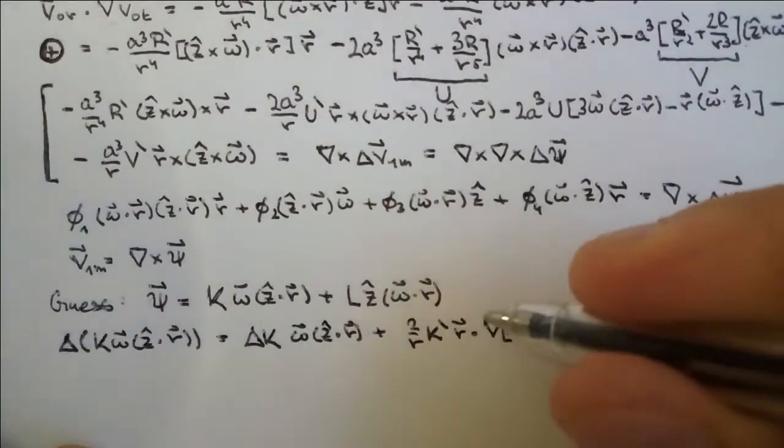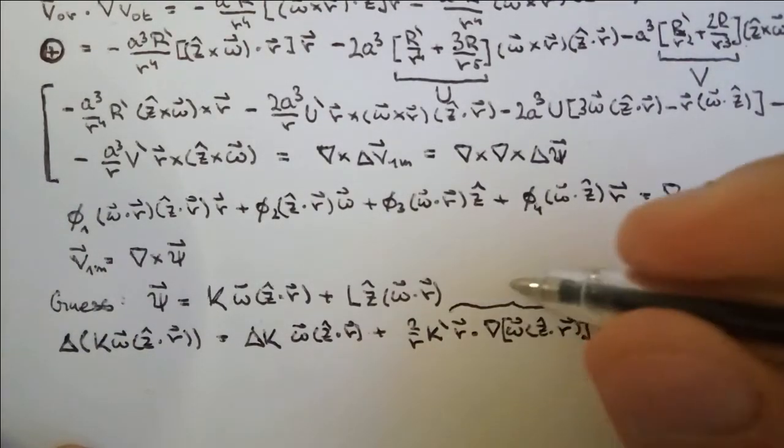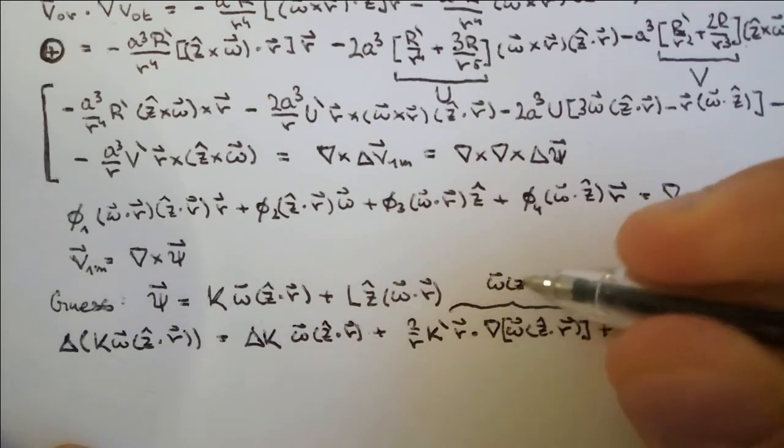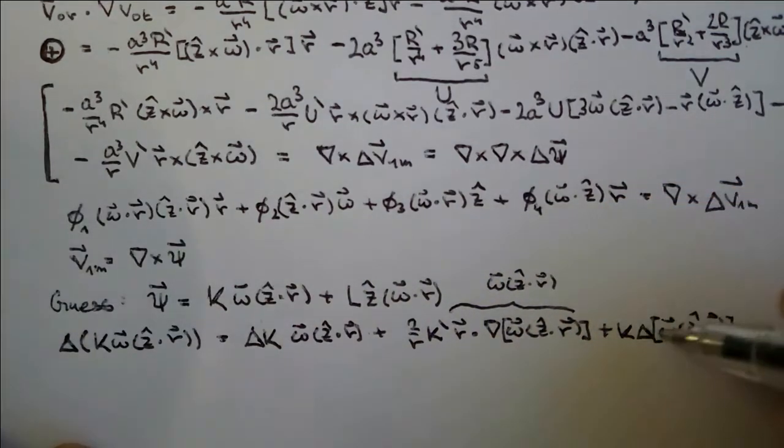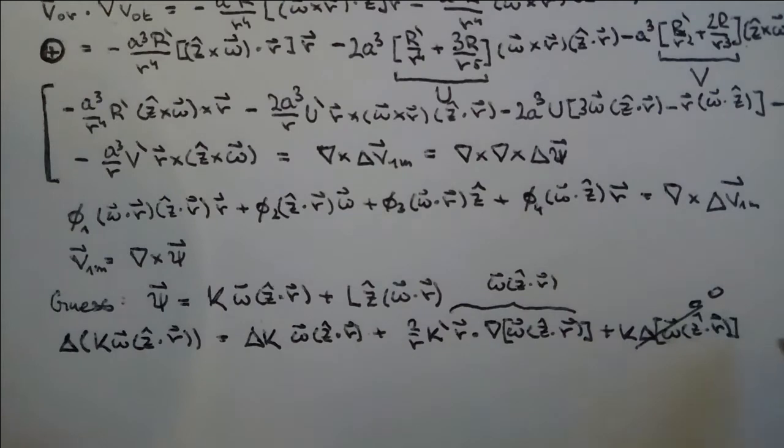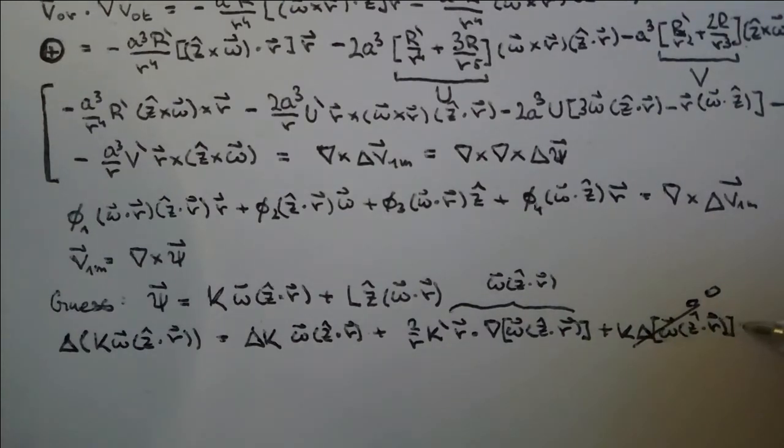So this whole term is just this. That was easy, and this is 0 because Laplacian is second order and there is first order in r.